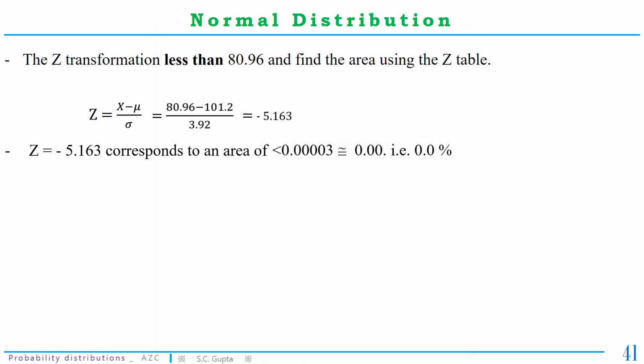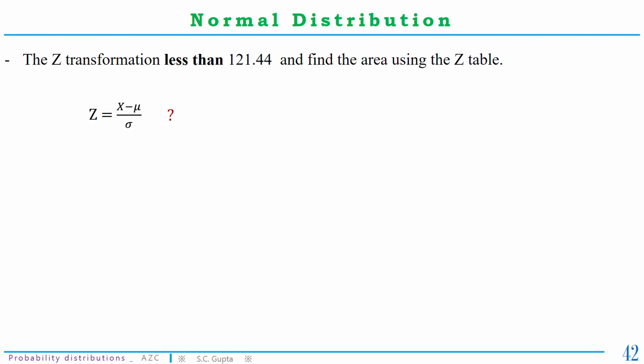For Z value minus 5.163 corresponds to an area of less than 0.00003, equivalent to 0.00. That is 0%. Thus, probability below 80.96 milligrams is 0.